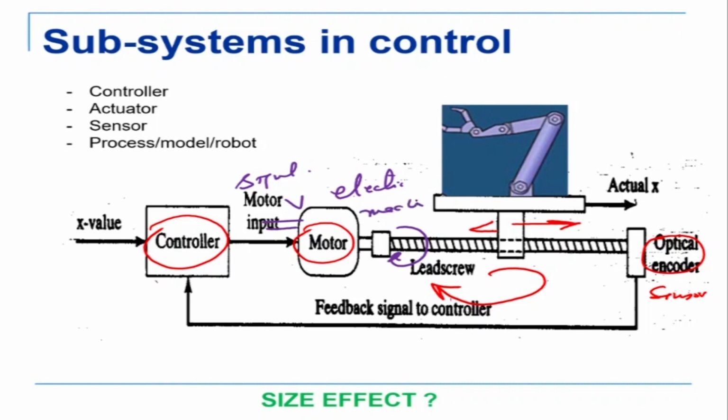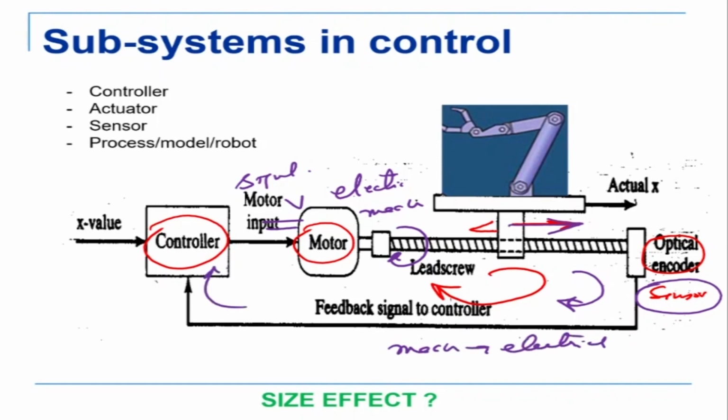So in an electric motor, we have conversion of electrical energy to mechanical energy, and when it is converted to mechanical energy, the link moves, and when the link moves, the position of the link is sensed by the sensor, and there is a feedback, and the sensor again converts mechanical energy to electrical energy.